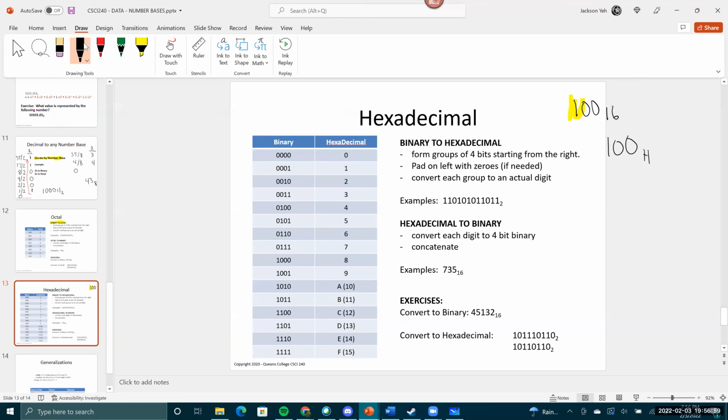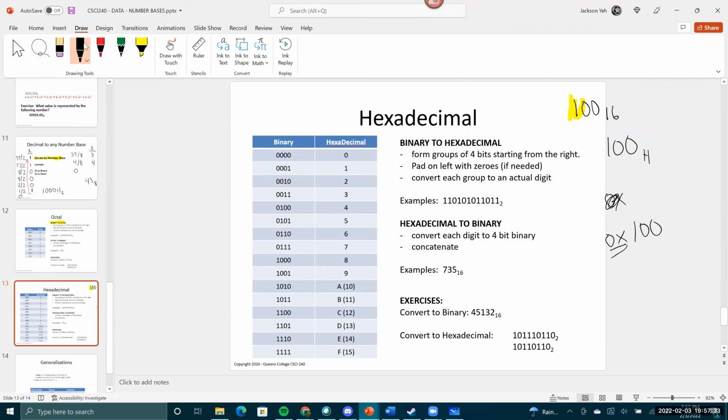Yet another way you might see it written is 0x100, with the 0x in front of it. That is yet another representation of the number. They all mean the same thing.